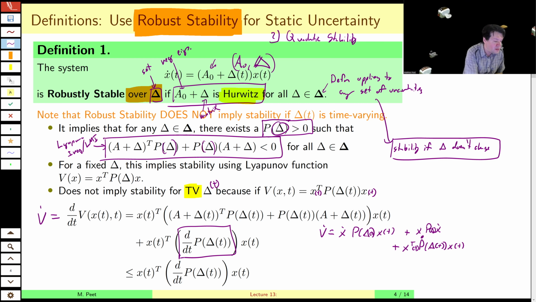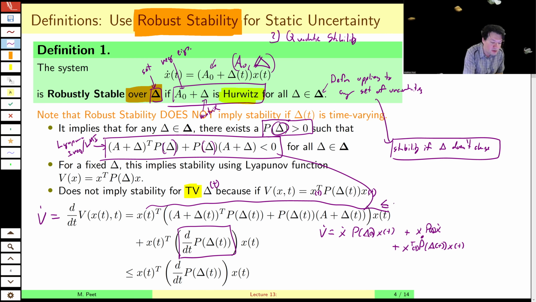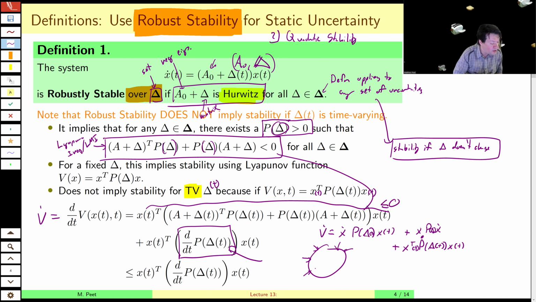And while this Lyapunov inequality implies that this part by itself is less than or equal to 0, we don't know anything about this part right here, because the Lyapunov function is changing over time. So even though at any given instant in time the trajectories may be decreasing, or the value of the Lyapunov function may be decreasing, the Lyapunov function itself may be increasing.